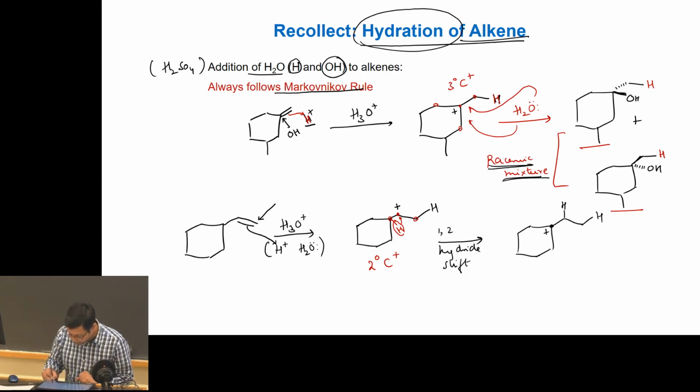The carbon bearing positive charge is attached to 3 other carbons. This is the most stable carbocation. Therefore, the reaction is going to take that path. Now, if that carbocation reacts with the nucleophile water, you will get OH at that site.